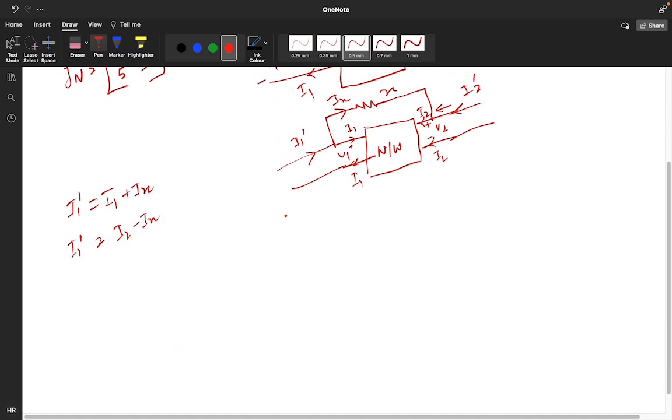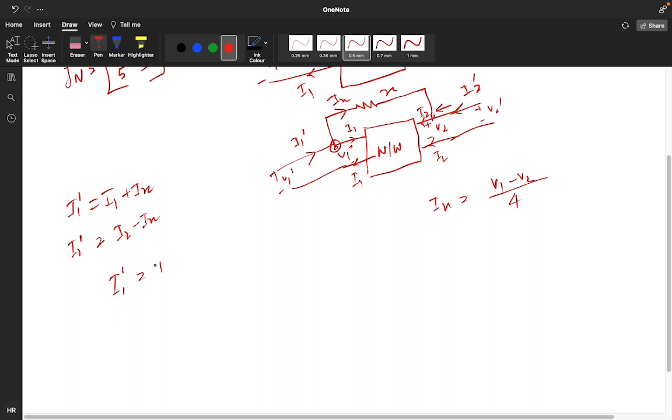Guys, what is Ix? This is v1, this is v2, and suppose you are taking v1 dash here, and here v2 dash. So what is the Ix value? Apply the nodal analysis. V1 point is here, V2 point is here. So Ix is V1 minus V2 upon 4. This is your Ix value, so substitute this value in the equation.